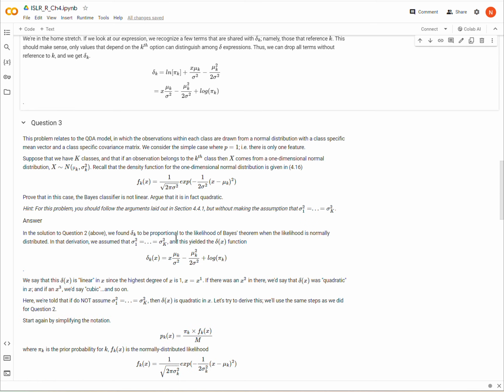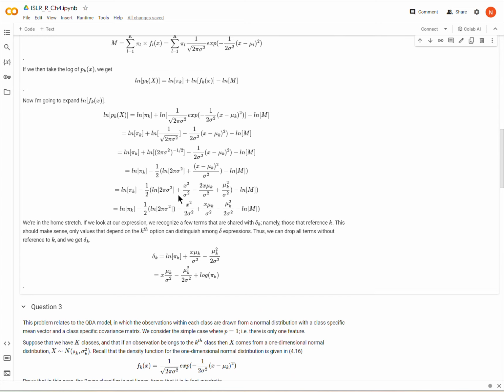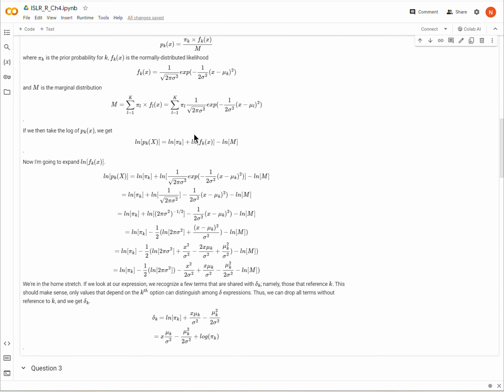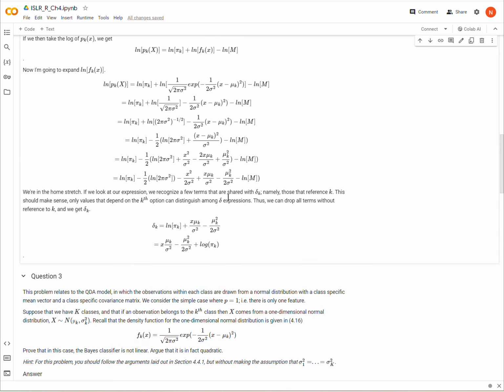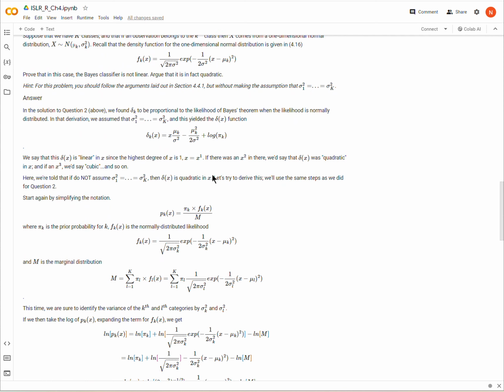Okay, so in order to do this, what we're going to do is follow the same steps as before when we were deriving the delta function for linear discriminant analysis, which you can look at in that video. But instead of starting with one estimate for sigma squared, we're going to have sigma squared subscript k, so that every class has its own variance. Okay, so that's what we're going to do.